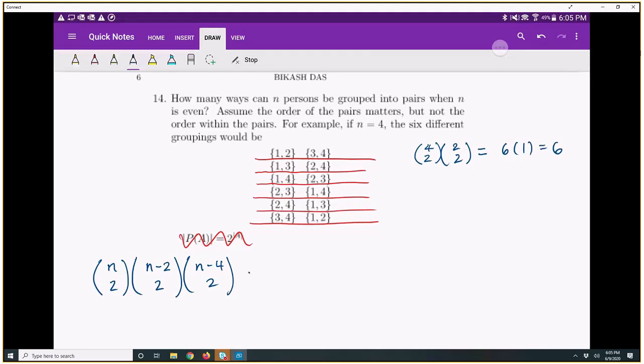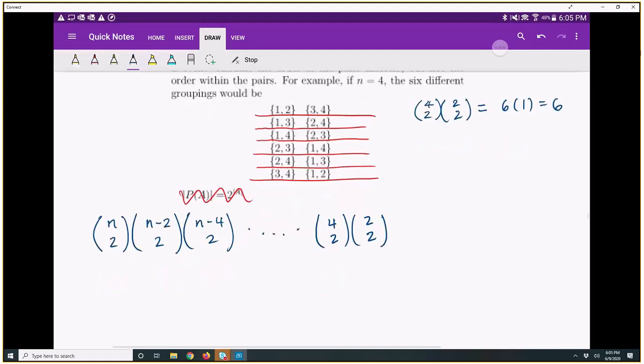So the number of ways to choose the pairs should follow this pattern: n choose 2, then n minus 2 choose 2, then n minus 4 choose 2, and then eventually we'll get down to 4 choose 2, and 2 choose 2 will be our last choosing. Depending on what n is will depend how many times we have to repeat this process, but this should give us a general formula.